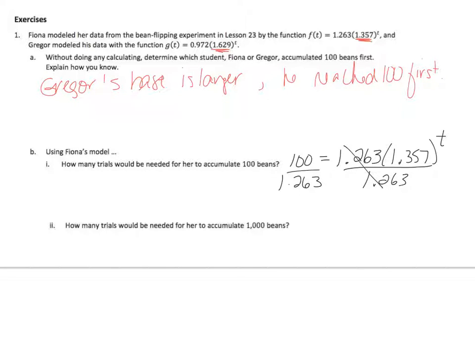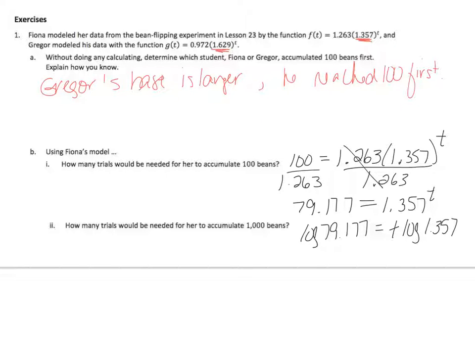Those cancel out, and I've got 100 divided by 1.263. Sorry, I had something wrong on my calculator. That gives 79.177 equals 1.357 to the t. Log of both sides: log of 79.177 equals t times log of 1.357. Divide both sides this way.